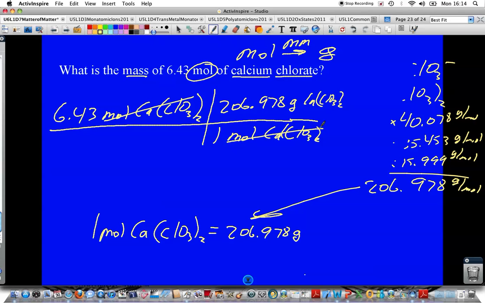When I do dimensional analysis, whatever number is on the top, I'm going to multiply by.